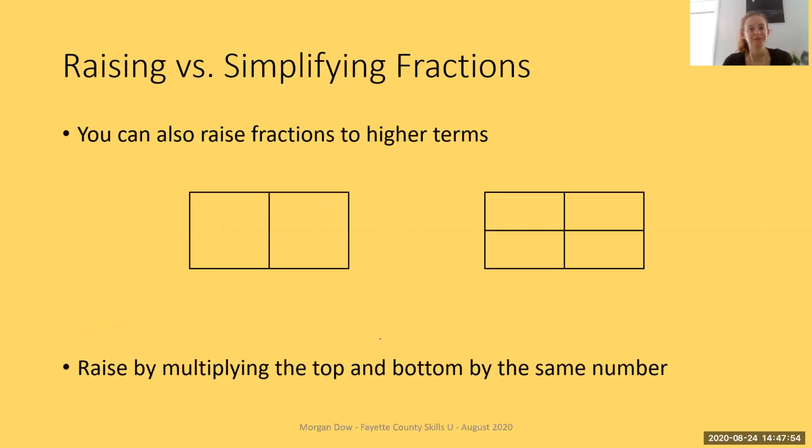All right. So just as we can simplify or reduce fractions, we can also raise fractions. So in the first example with simplifying, we took 2/4 and we turned it into 1/2. But we can work in the opposite direction. So we can start with 1/2.